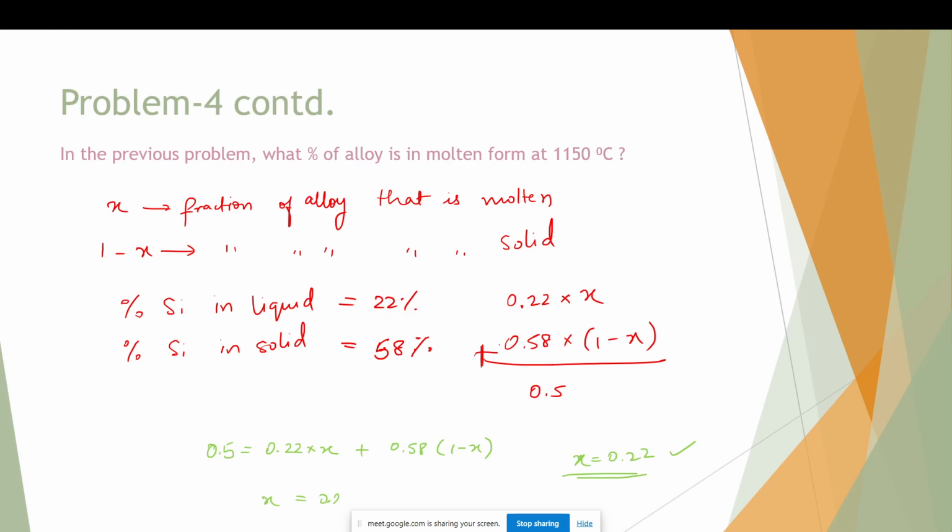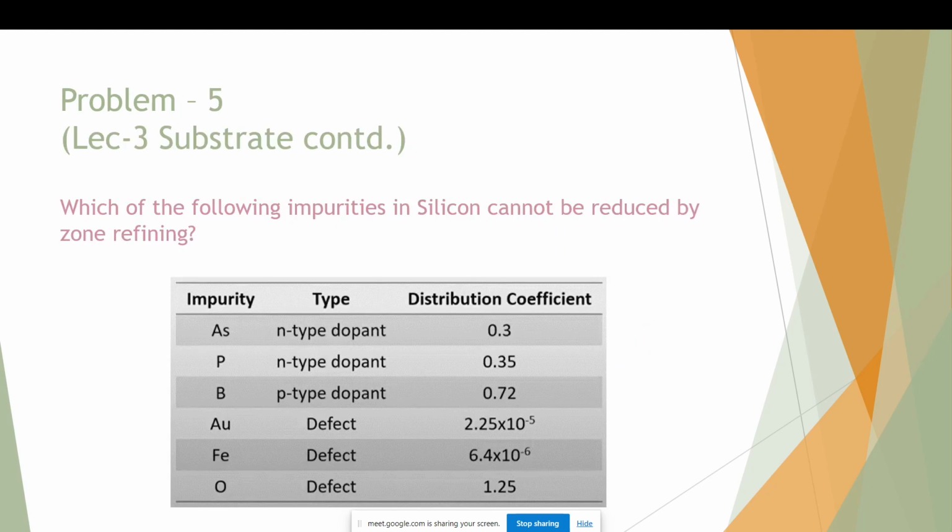Yeah, okay. Thanks. So the next problem: which of the following impurities in silicon cannot be reduced by zone refining? Zone refining was taught in the class. Zone refining is basically just melting the silicon and then solidifying it, based on the impurity.